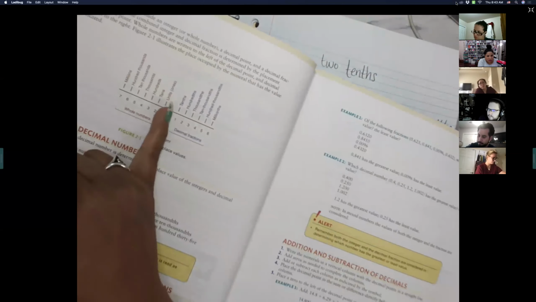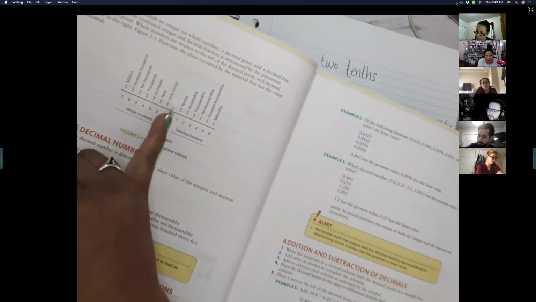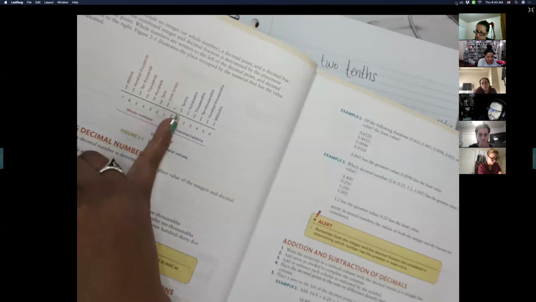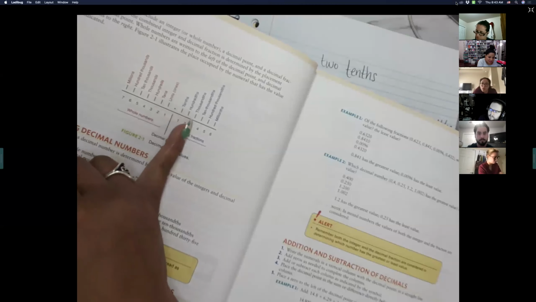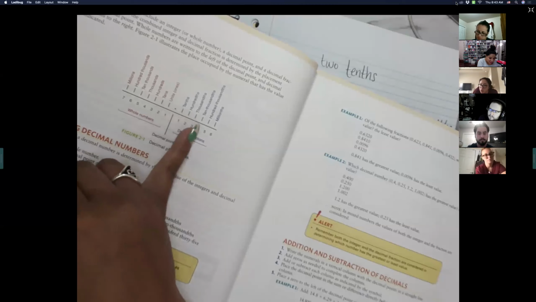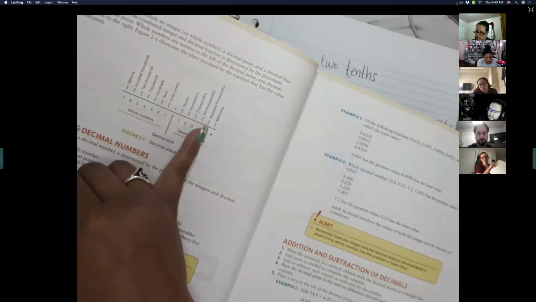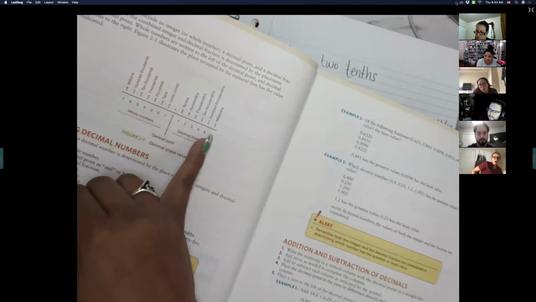So moving to the right of your decimal place, you first have tenths, then hundredths, then thousandths, then 10,000ths, then 100,000ths, and then millionths.